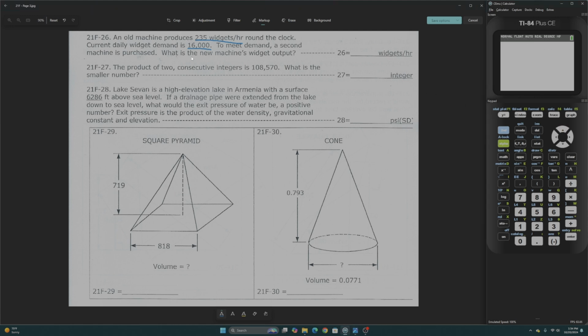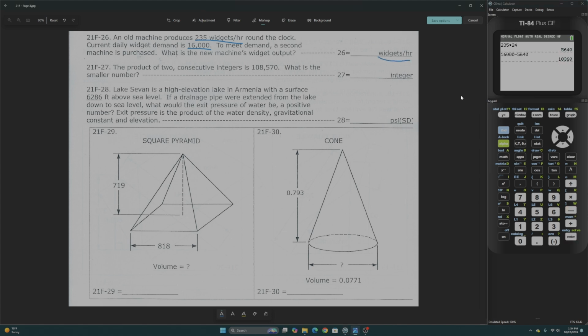So first of all, we have to figure out how many the old machine creates per day, right? So 235 per hour. We're going to multiply that by 24. So that's the daily production of the old machine. So we're going to subtract that from the total to get the output of the new machine.